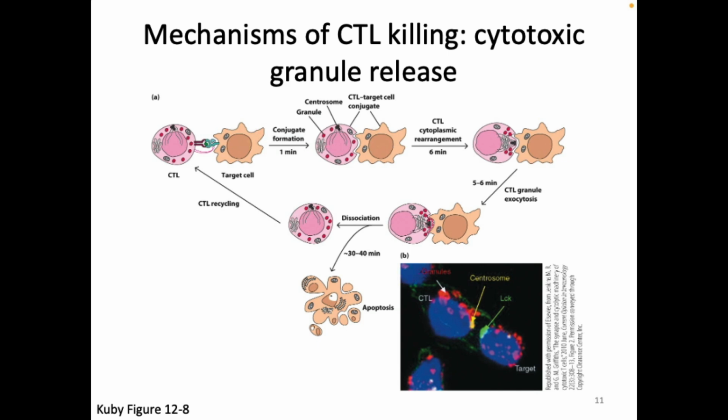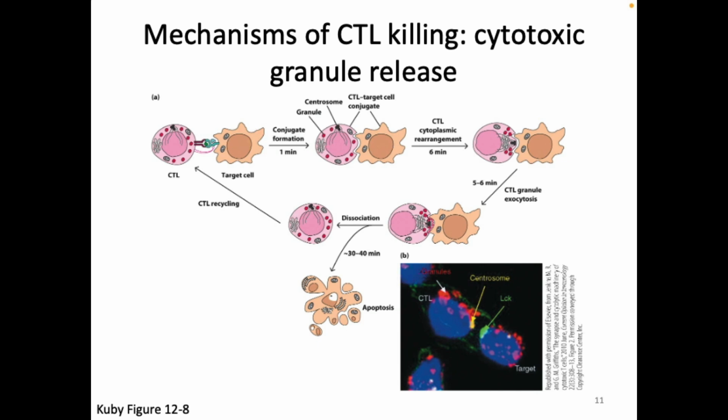Now the T cell can actually leave, and it can go kill somebody else if it needs to kill another infected cell. The infected cell is going to undergo apoptosis. And so you can see this happening here. What's nice about this is that it also does give sort of a timeline of how long some of these steps will take, which I know sometimes people find interesting.